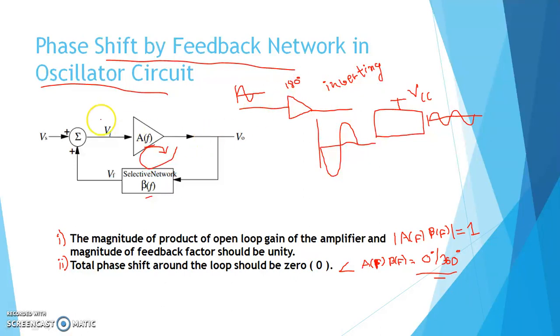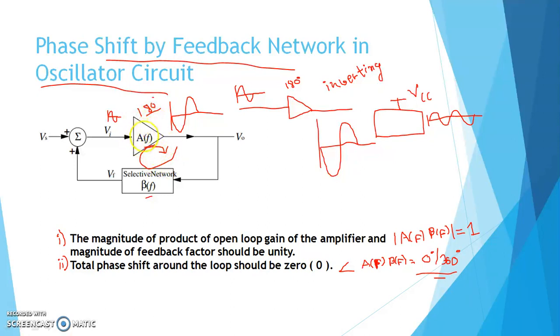Clear? So suppose here we are applying the input for an inverting amplifier. A small input is applied and we are getting a large amplified output but with 180 degree phase shift. That means there is 180 degree phase shift offered by the basic amplifier block, but I have to make the overall phase shift 360 degrees or 0 degree. That means no phase shift should be there.